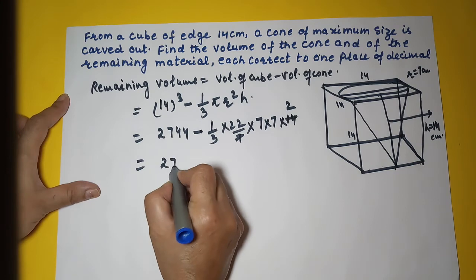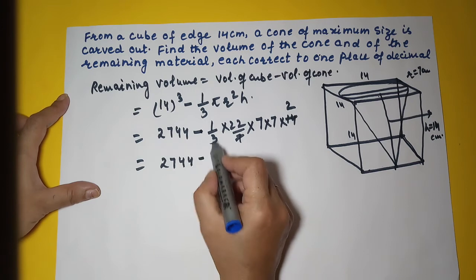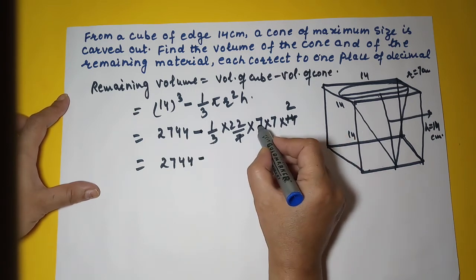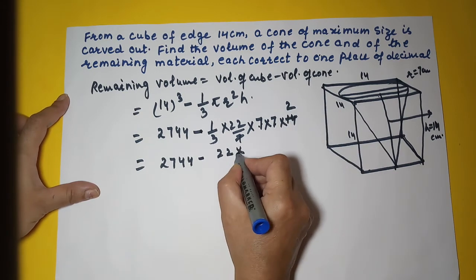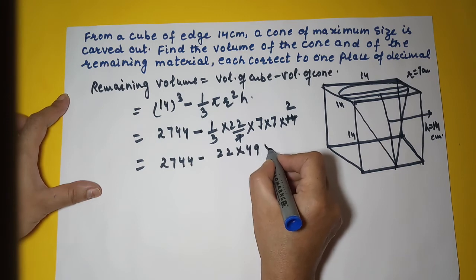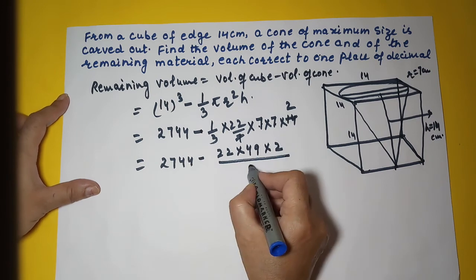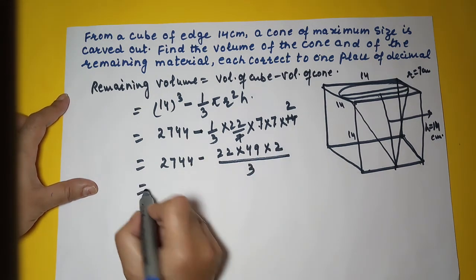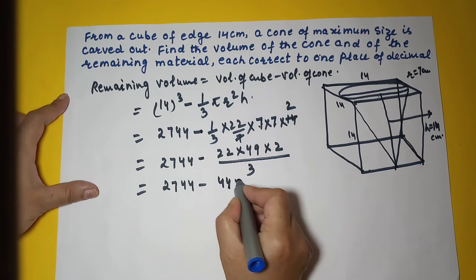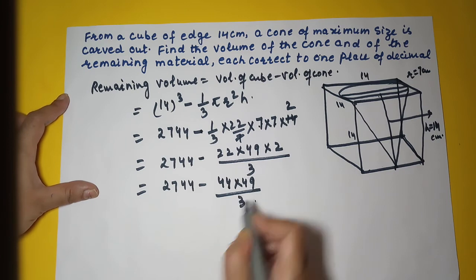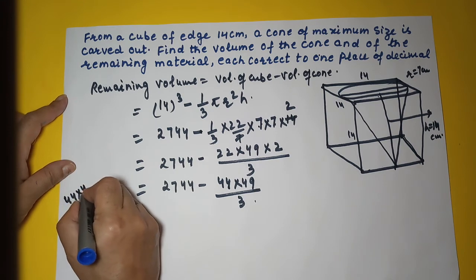So you have 2744 minus 22 into 49 into 2 divided by 3. Okay, so this becomes 2744 minus 44 into 49 divided by 3.